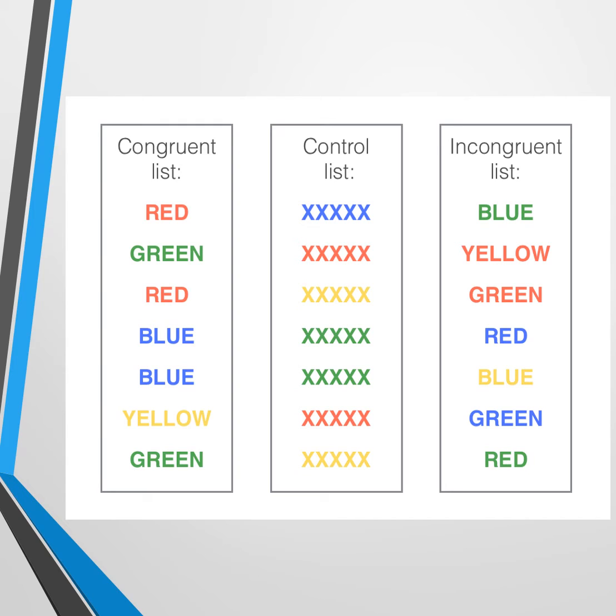However, if you ask them to identify the color on the far right, they often have problems, and their time to do this increases because there's inconsistencies between identifying the color. For example, the first one will be green, but at the same time reading, which would be, of course, blue.